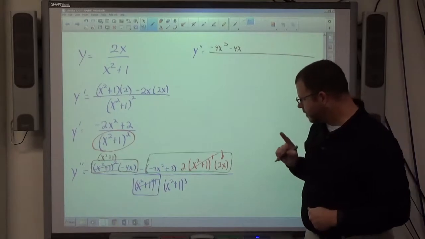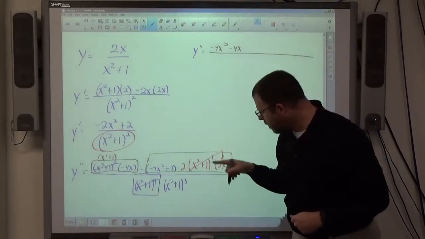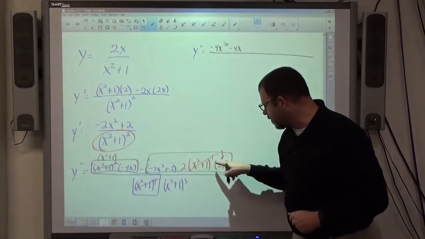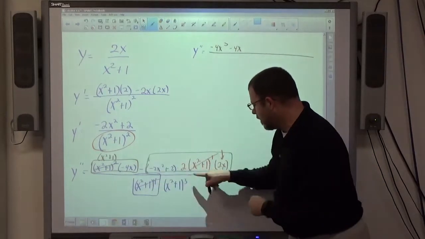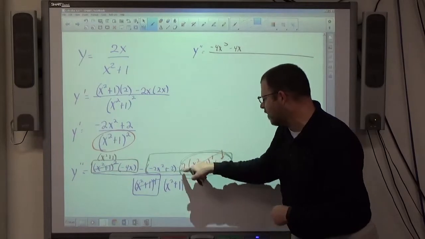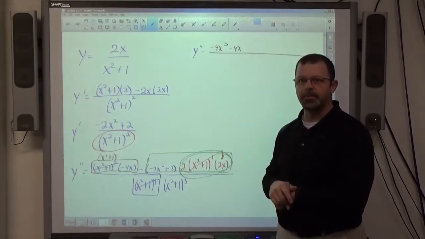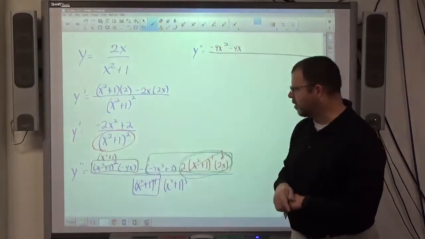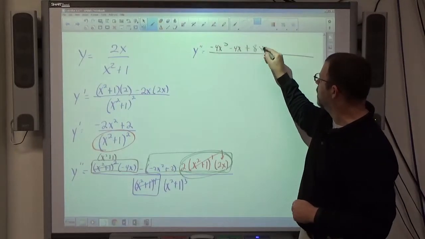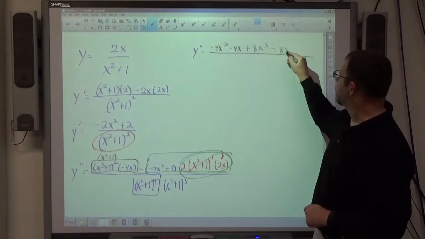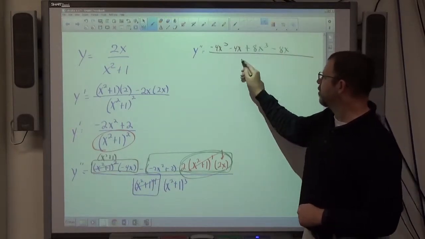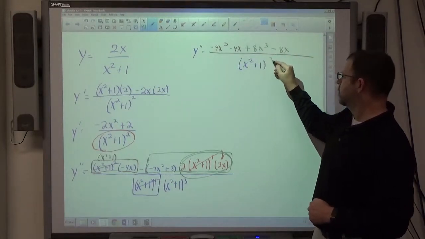The green part, I got minus this times this times this. This is a monomial, 2 times 2x times a binomial. So this 4x that's happening here is actually negative, distributing through there, right? So negative 4x times negative 2x squared is positive 8x cubed. Negative 4x times positive 2 is negative 8x. Over the square of what's below, just keep it x squared plus 1 cubed.